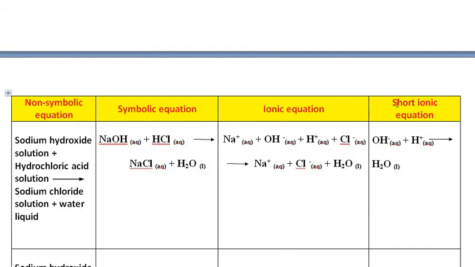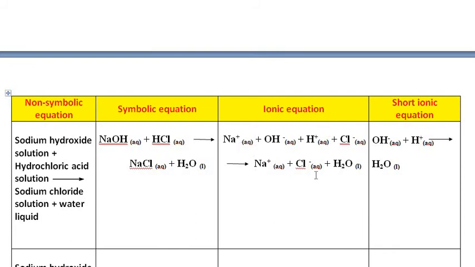Finally, the fourth type of equation is called the short ionic equation or final equation. We can obtain this equation from the ionic equation by simplification. How? We can cancel Na plus and Na plus, cancel them together, and also Cl minus. These are called spectator ions. These ions are the same. When they enter the chemical reaction, they are ions.